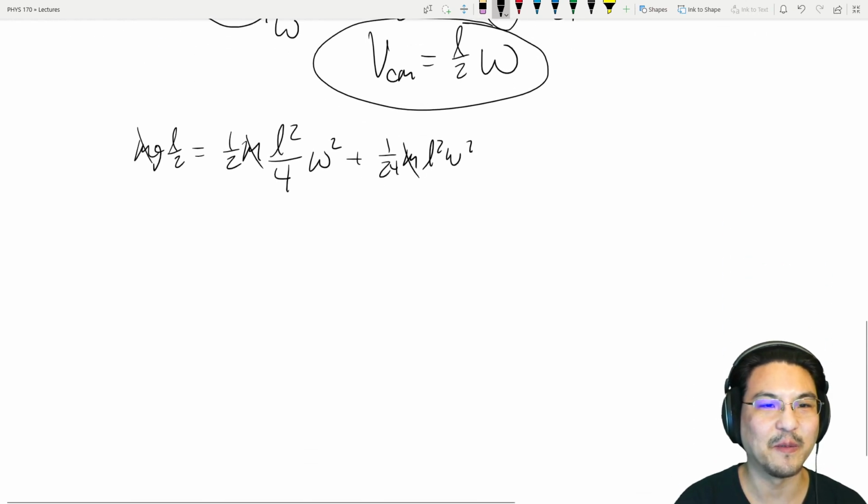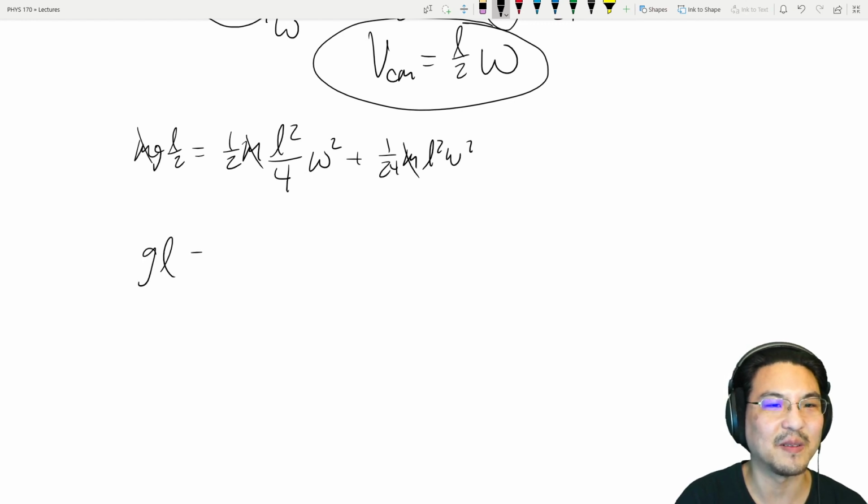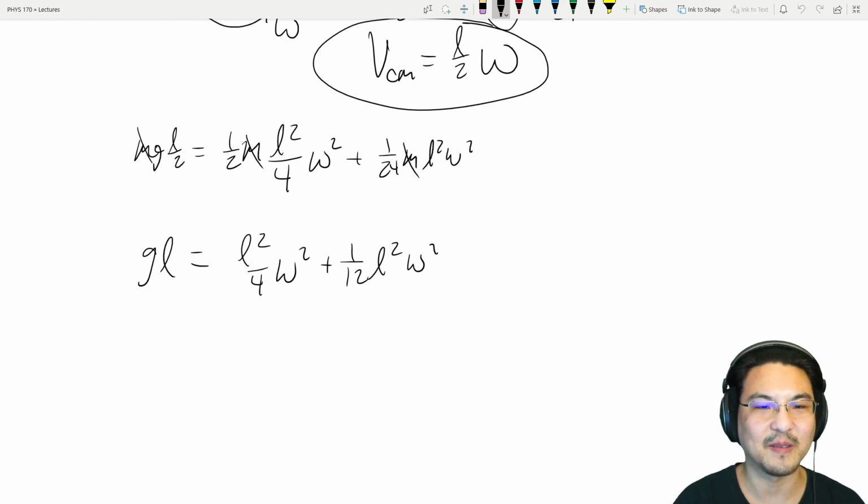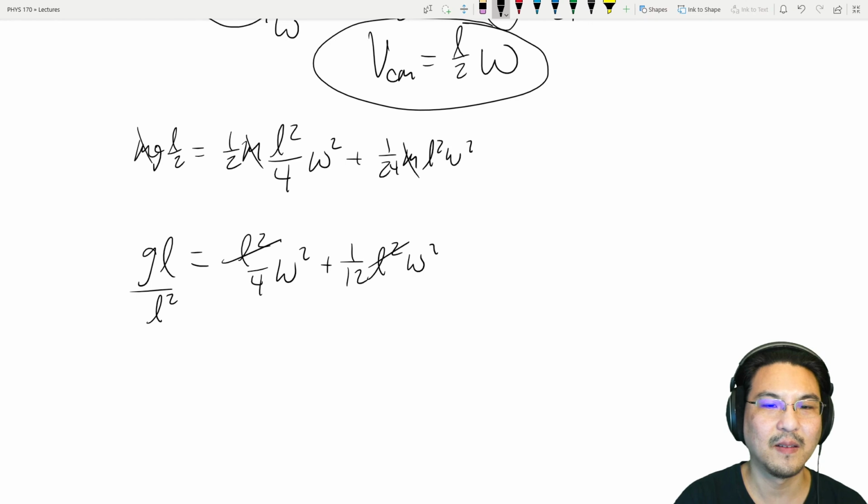And then here we have, let's see, let's multiply everything by 2. So let's do this carefully. So L squared over 4 omega squared, 1 over 12, L squared omega squared. Okay, and let's divide everything by L squared. Okay, let me just clean this up.